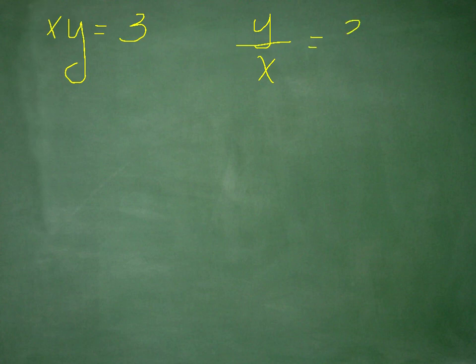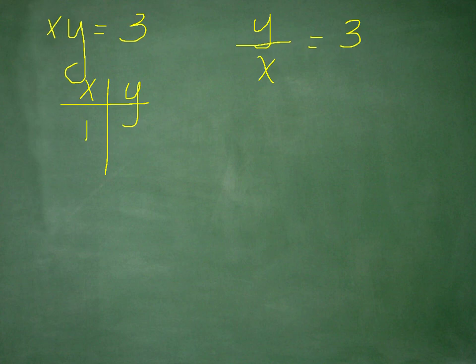So let's look at two equations. One equation is a direct variation, and the other one is not. What we're going to do is create a table and decide which one is the direct variation. So this first equation, I have x times y equals 3. So I'm going to make a table. So here's x and y. Now let's allow x to be 1.